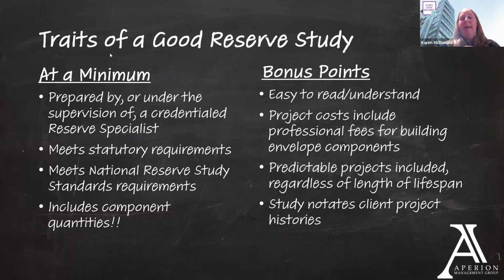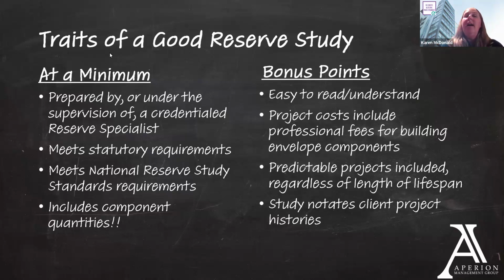And any owners that bought and sold in that period that owned their unit and lived behind that siding did not pay toward reserves for that siding. So really, even if the item has a long lifespan, it should be included in the reserve study. It's a lot less expensive to save up in 1/50th increments for a 50-year item than it is to save up in 1/30th increments for a 50-year item.